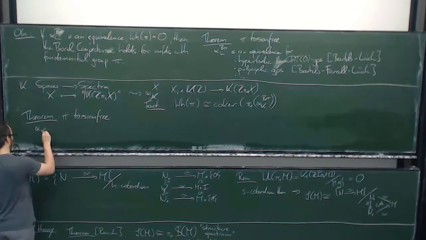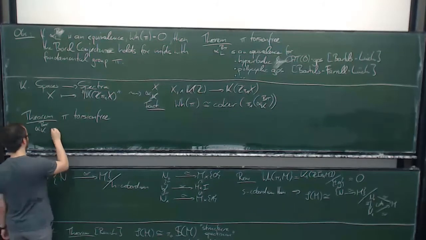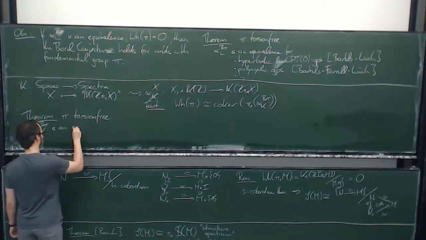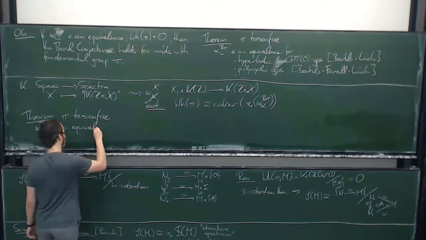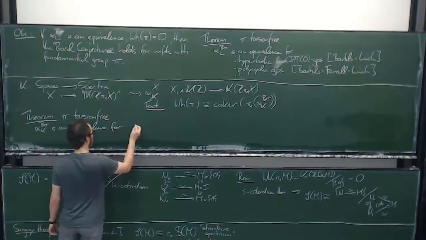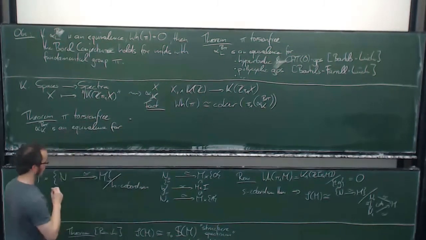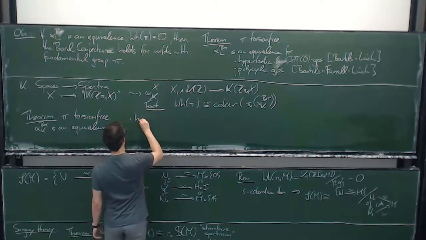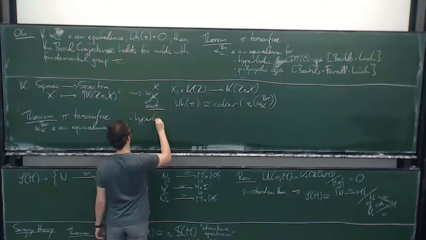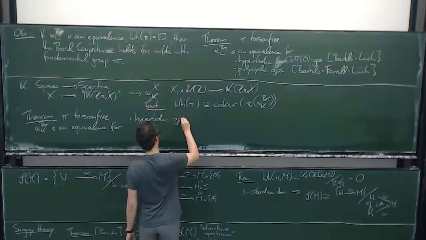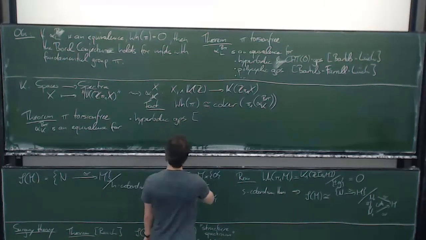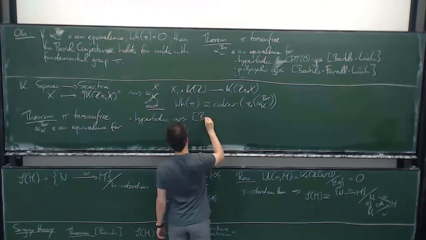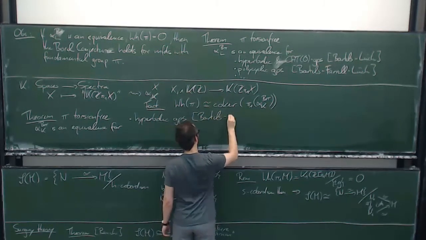Then we know that alpha K B pi is an equivalence for certain classes of groups. This time we have again the hyperbolic groups, which was shown by Bartels, Lück and Reich.